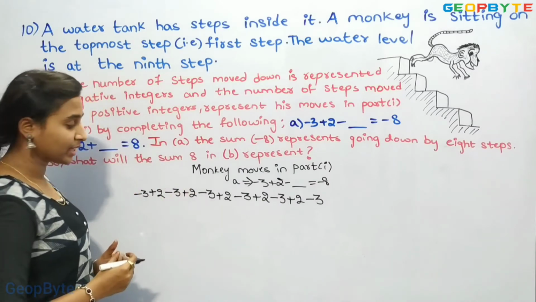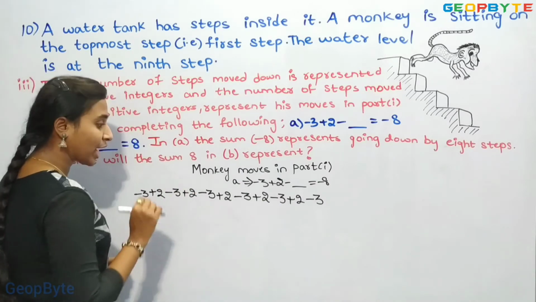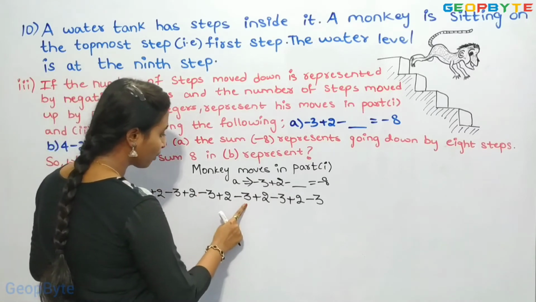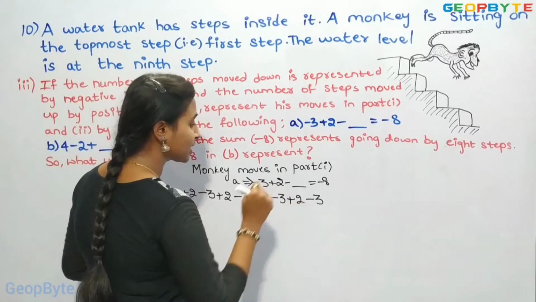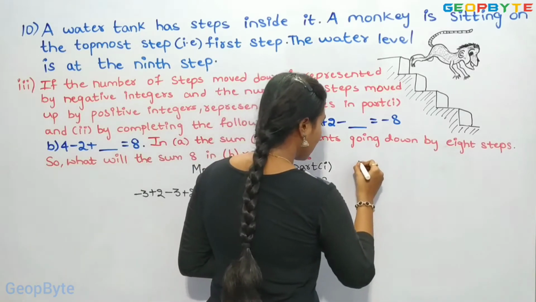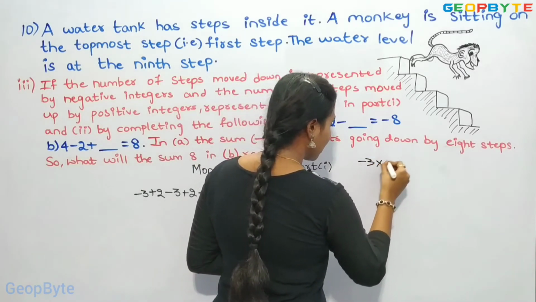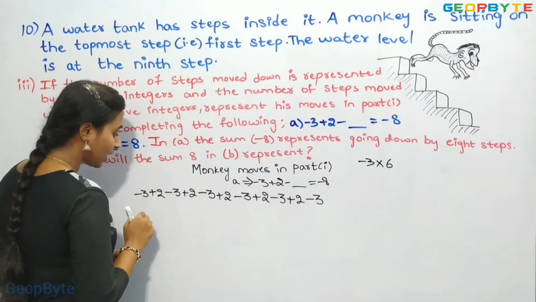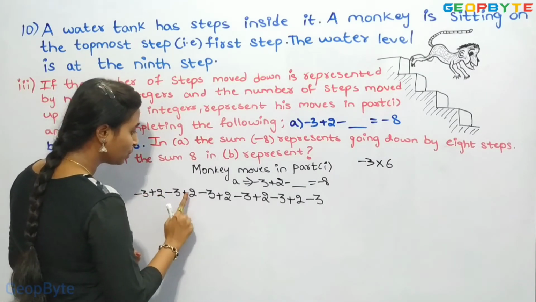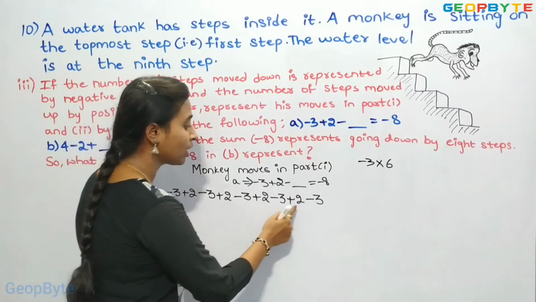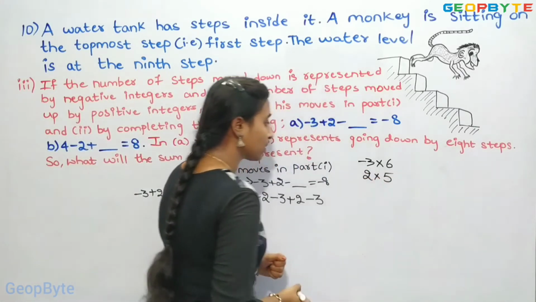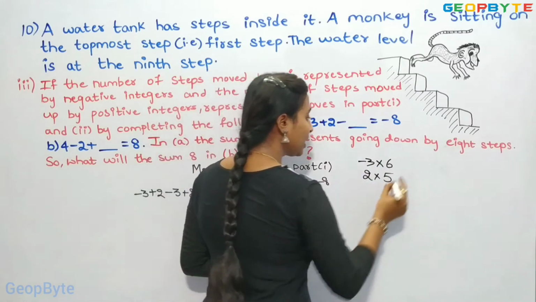Now let us solve this. We have -3, 1, 2, 3, 4, 5, 6. We have -3 6 times and 2's are 1, 2, 3, 4, 5. 2's are 5 times. 6 3's are 18.